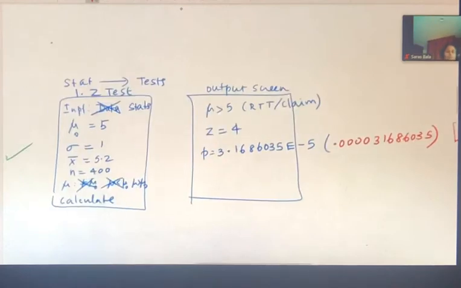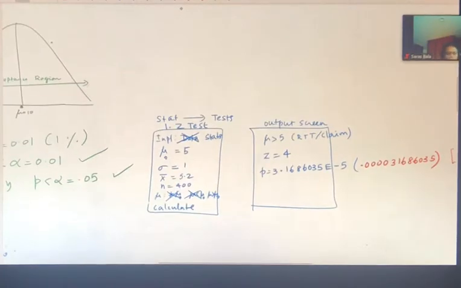So in your exam, you don't have to spend too much time because everything is in your TI. You need to read the problem, pick the numbers, check, plug it in, and your TI is going to give you the z value as well as the p value. Okay, all right. So what is the next one?